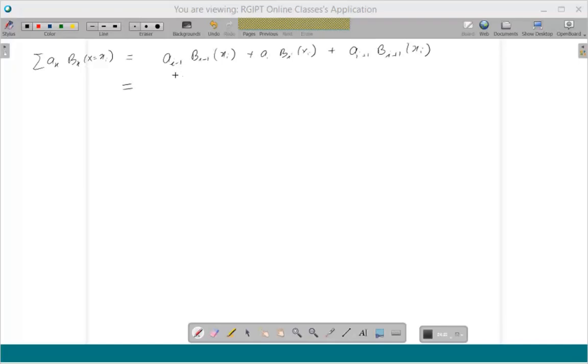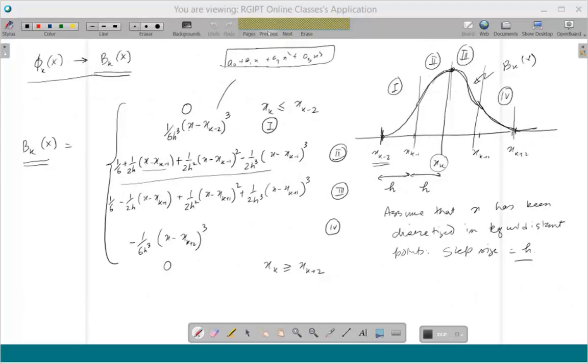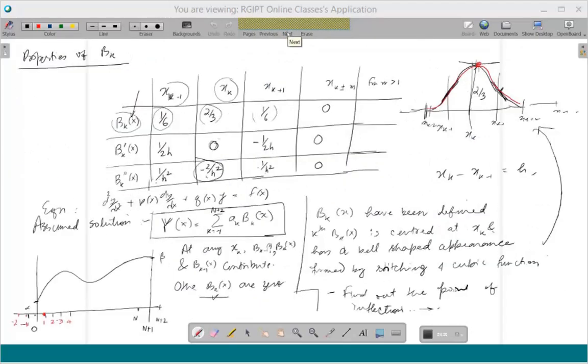What is that going to give us? I think 1 by 6, 2 by 3, 1 by 6.